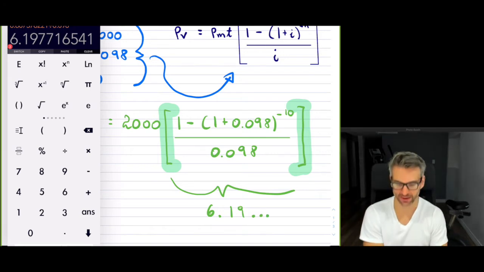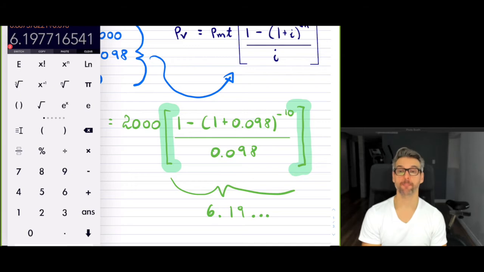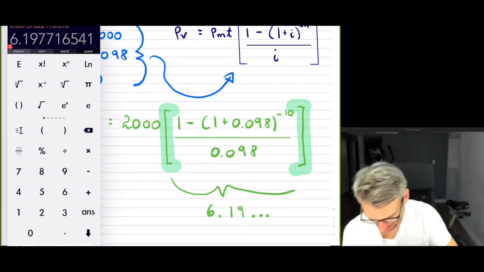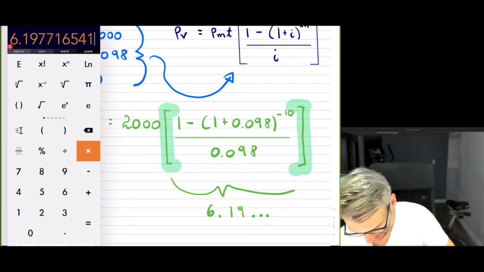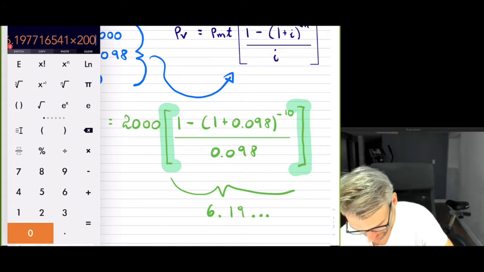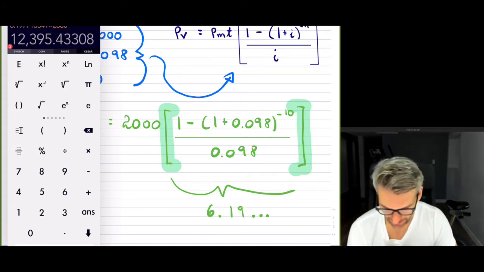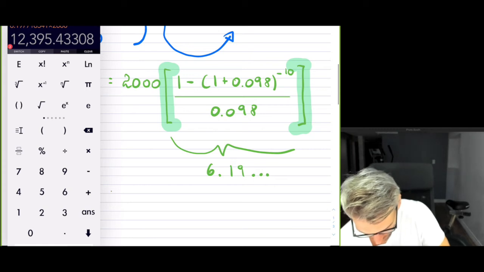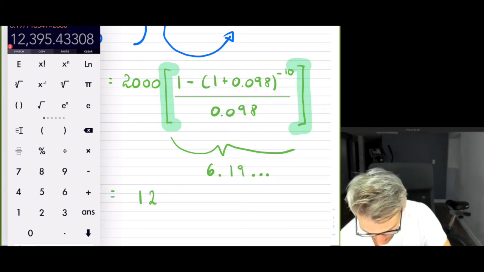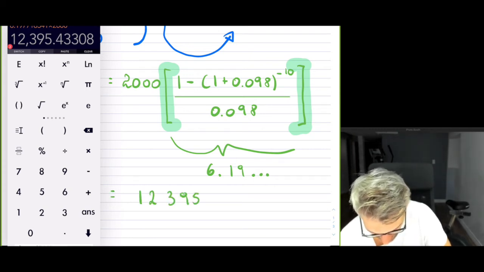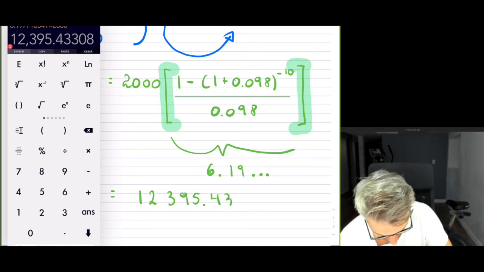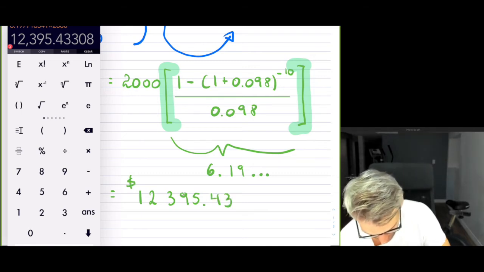And I don't really typically write it because the next item is I just multiply it by 2,000. All right. So with this answer, if I multiply by 2,000, really by the payment, then my overall answer will be $12,395, and then round it to the cents, and that's what it would be.